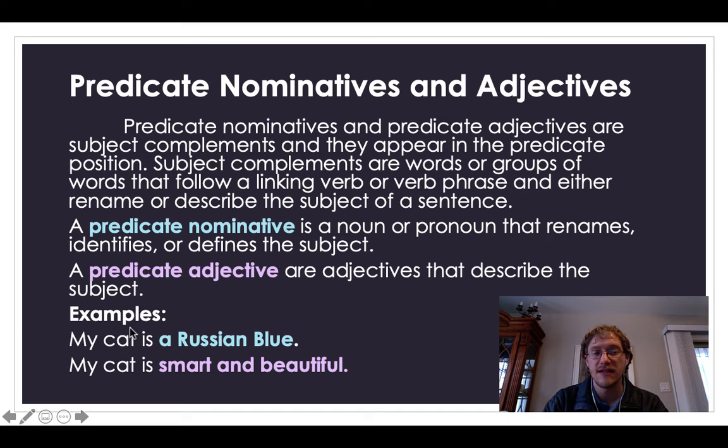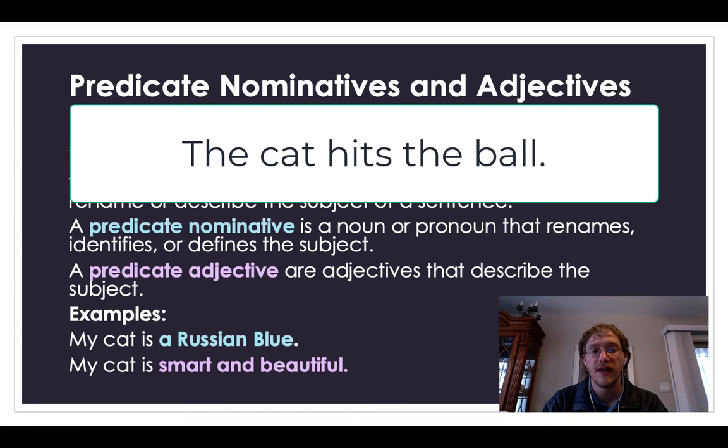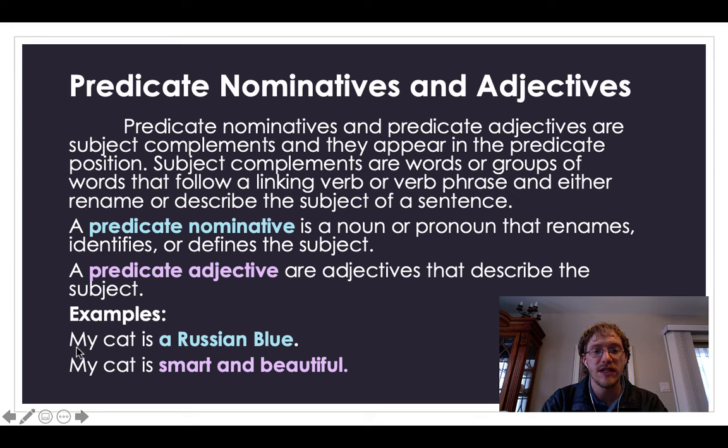The cat is not doing some action to a Russian blue. No. It's not like the cat hits the ball. In that case, the cat is doing some action to a ball. This is different. Here we're just renaming the cat. My cat is a Russian blue. We're learning something more about my cat.